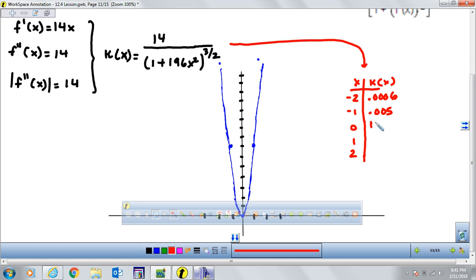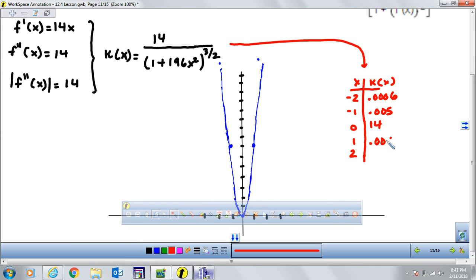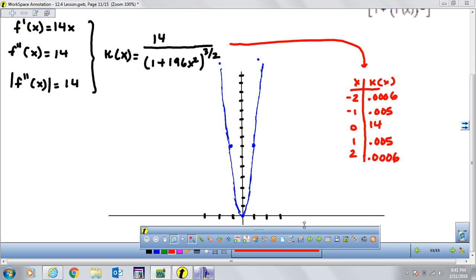It's 14. What about 1? 0.005, you see what happens? And 2 is going to be 0.0006. What do you notice?